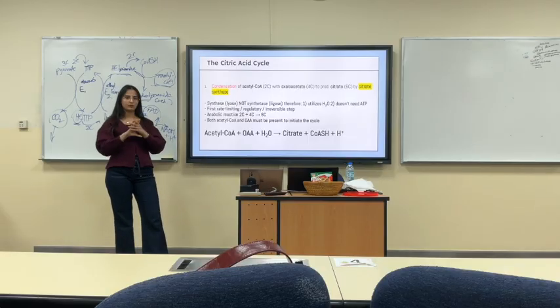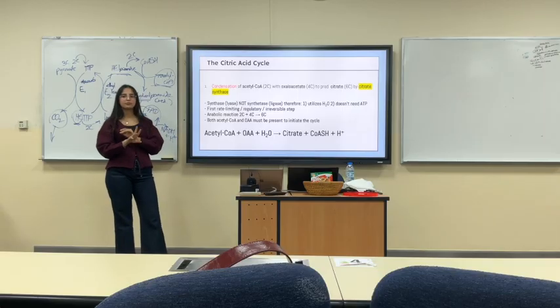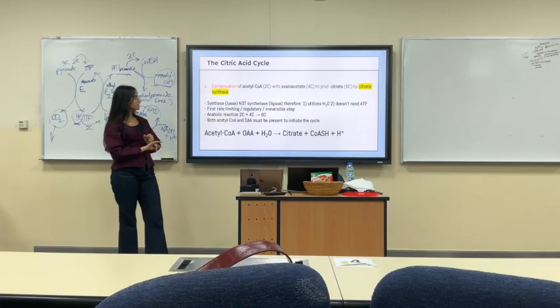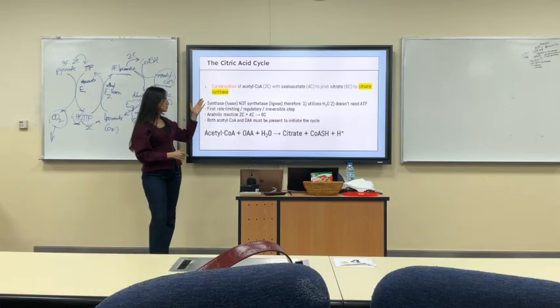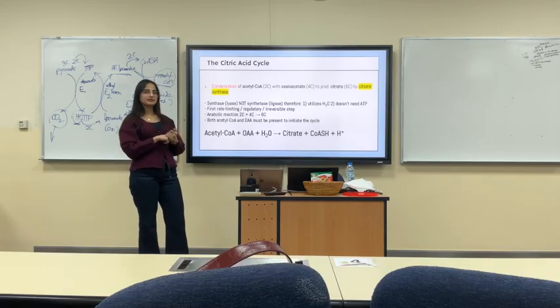Okay, first step of the citric acid cycle. With any reaction, you need to remember 4 things: the reactants, the products, the enzyme, and the type of reaction. The first reaction is a condensation, or addition, of acetyl-CoA with oxaloacetate to produce citrate, a 6-carbon compound, by citrate synthase.